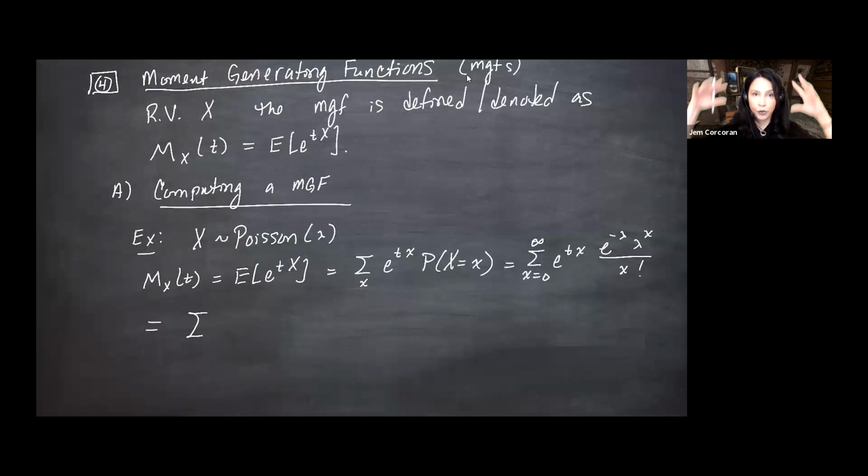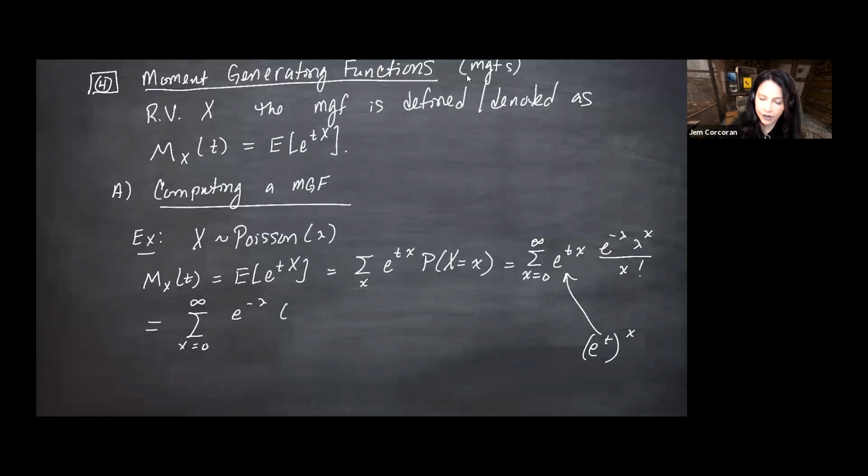If you raise something to a power and then to another power, you multiply the exponents. So that e to the tx right there is e to the t raised to the x. I'm going to combine it with the lambda. So I have lambda e to the t raised to the x over x factorial.